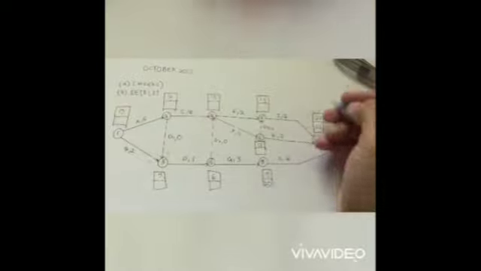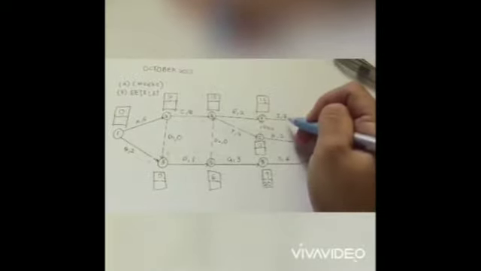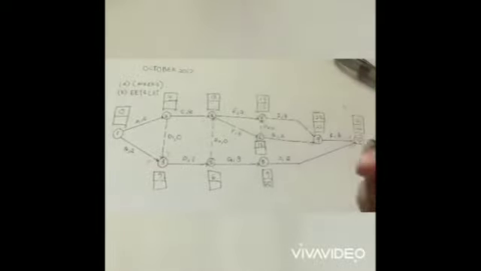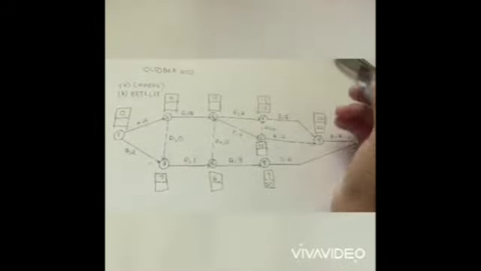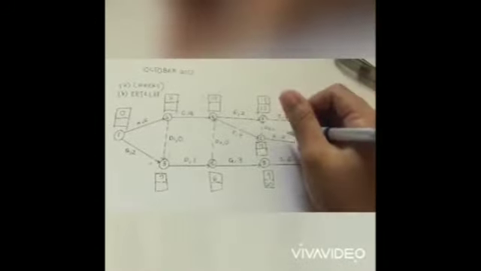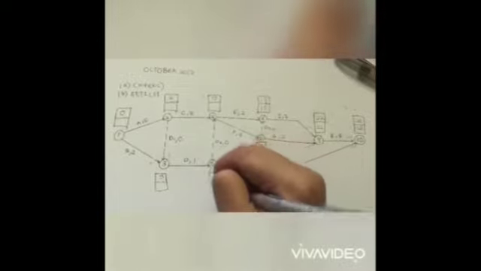And then 22 minus 7, you will get 15. Let me check. Okay, you get 15. And then 22 minus 2, you will get 20. 20 minus 3, you will get 17.